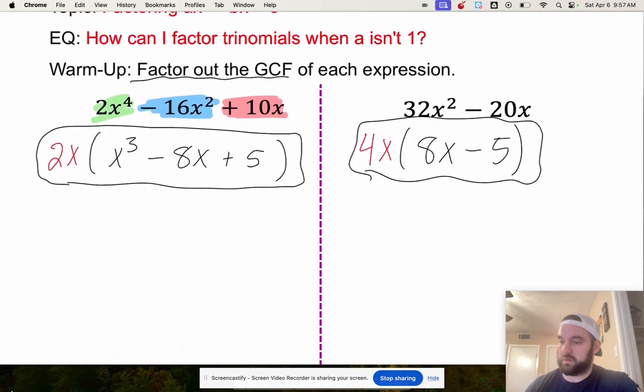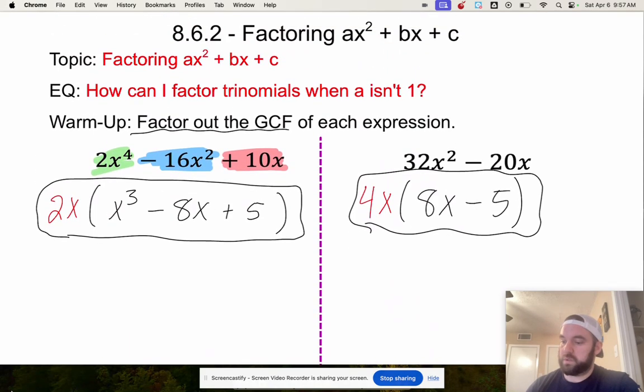So there are my first two warm-up examples, where all I had to do was factor out the GCF. We are going to get back into factoring trinomials like we did in the previous lesson, but I just wanted to remind you that sometimes it's just, find the GCF, factor that out, you're good.